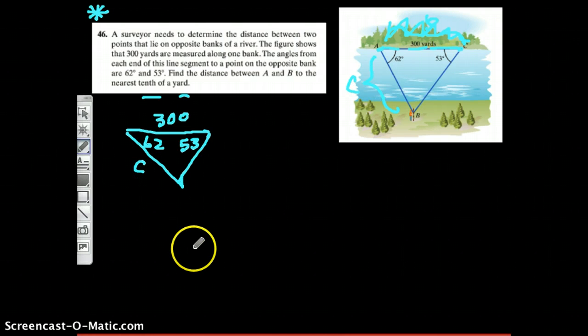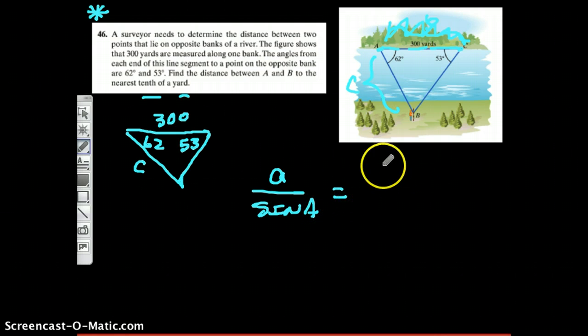All right, well, the question is, can we find C. Well, you may remember the law of sines goes like this. The ratio of the sides over the sine of the opposite angle are all the same. So in this case, we don't know this angle right here.